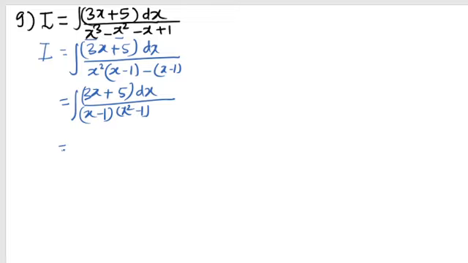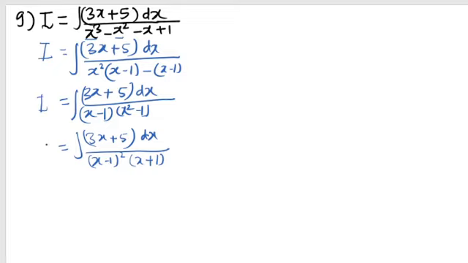Right, this x square minus 1 can be further factorized, so we can write 3x plus 5 into dx. This will be x minus 1 whole square, because from this minus 1, x minus 1 will come and x plus 1 will come. So x plus 1 will be as it is, and this will become x minus 1 whole square, so that we can apply the partial fractions now.